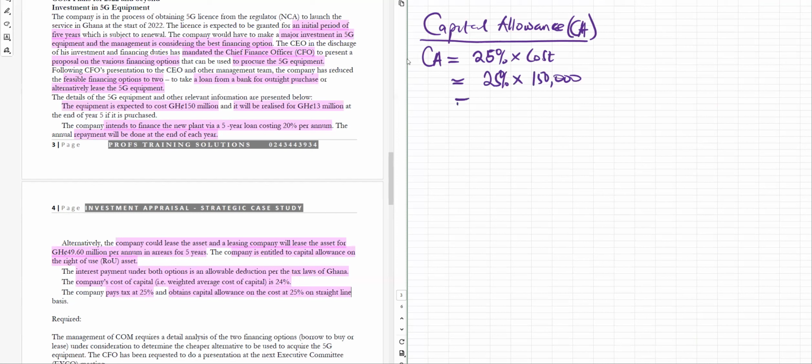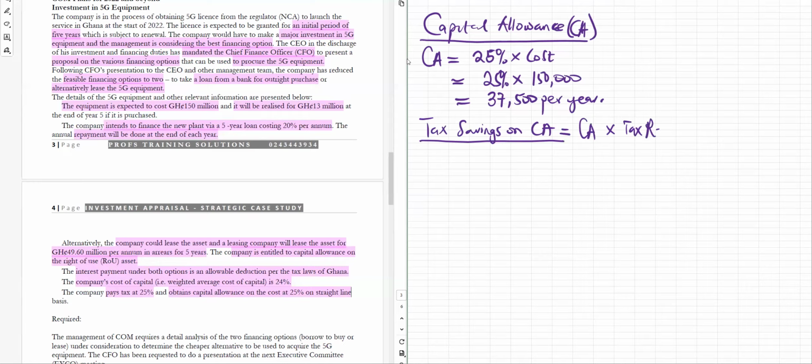That means that if we work this out, we will have 0.25 by 150,000, which is 37,500 per year. But then remember that because of this, we will save taxes. So we have tax savings on the capital allowance, which will always give us our capital allowance, or the expense, times the tax rate, which I explained to you earlier.